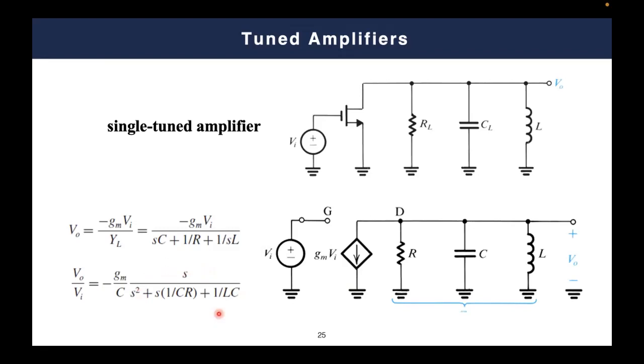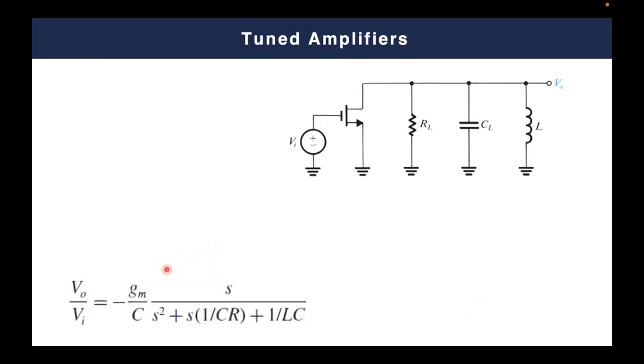So as we know from our previous classes in filters, the previous two classes, if you plot the frequency response of this S function, you can identify the nature of this filter. So simply plotting the frequency response of this S squared function gives you this shape, or what we call the band pass filter.